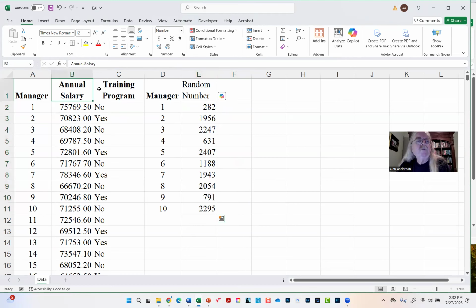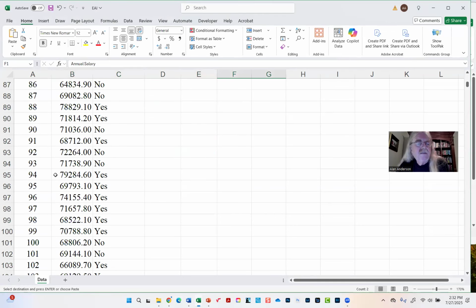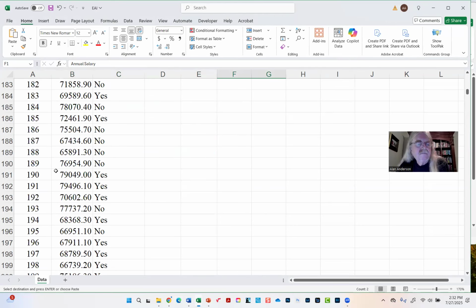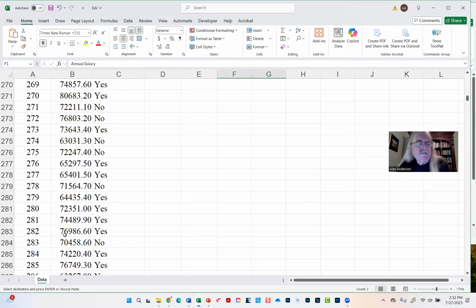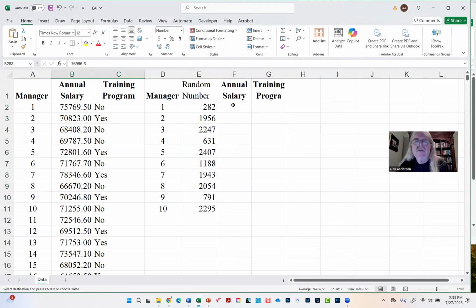Now, that means what I have to do though is find these numbers. So like 282 is this one. You can see even with a sample of 10, this is going to take a while.